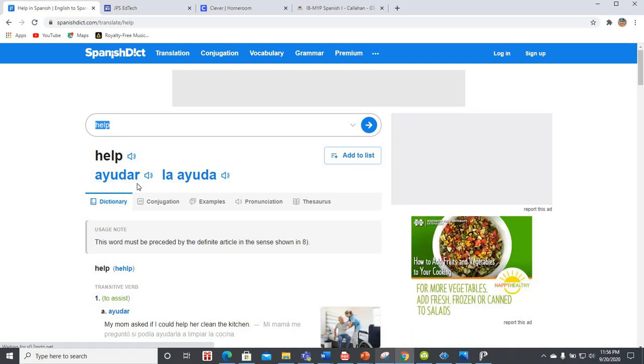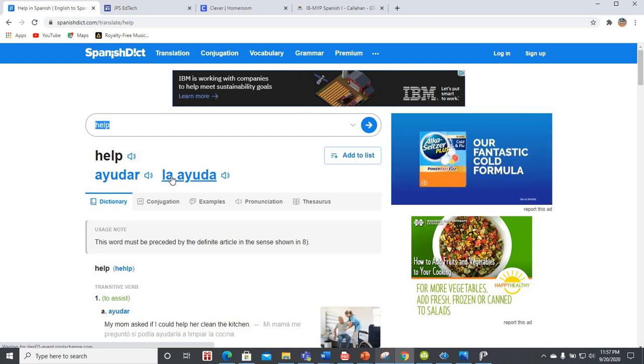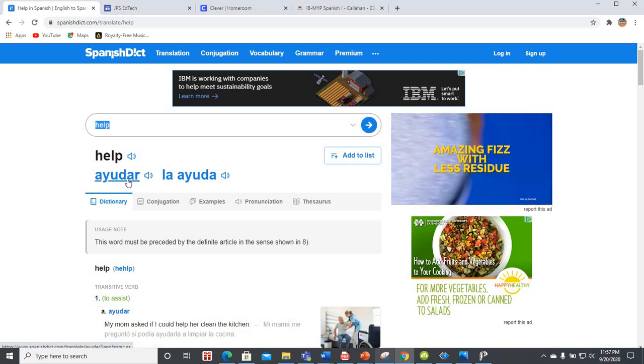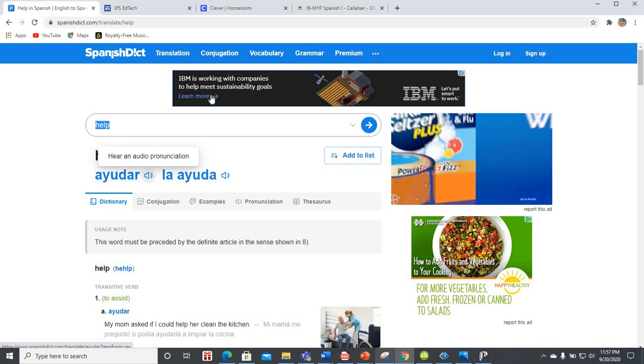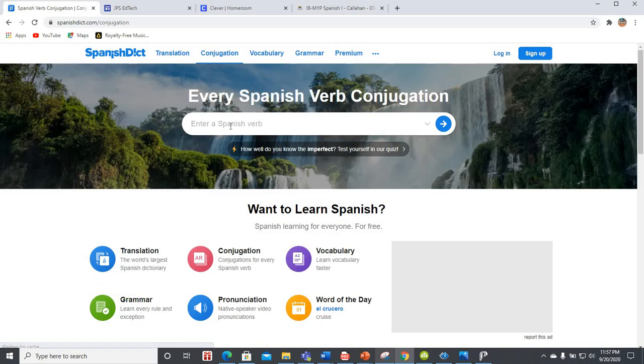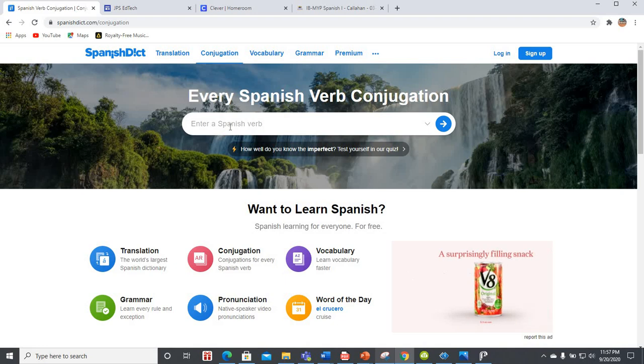Ayudar. I know I'm going to use this one because this is a verb. And this is a noun because it has la in front of it. So I know it's a noun. So I'm going to use ayudar. So I'm going to go to conjugation. And now I have two verbs.